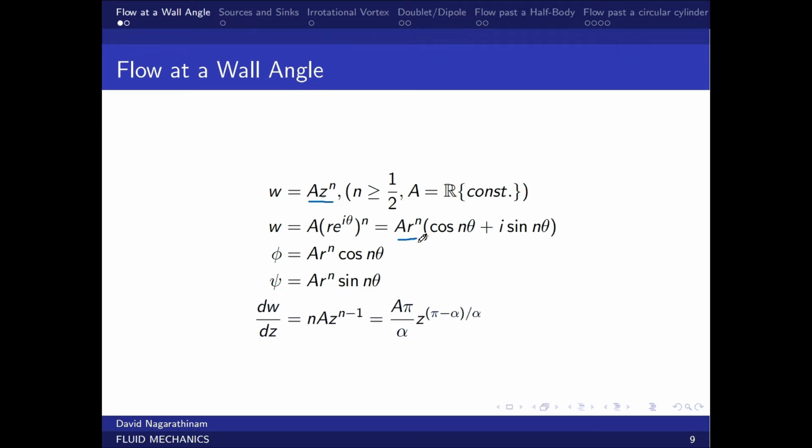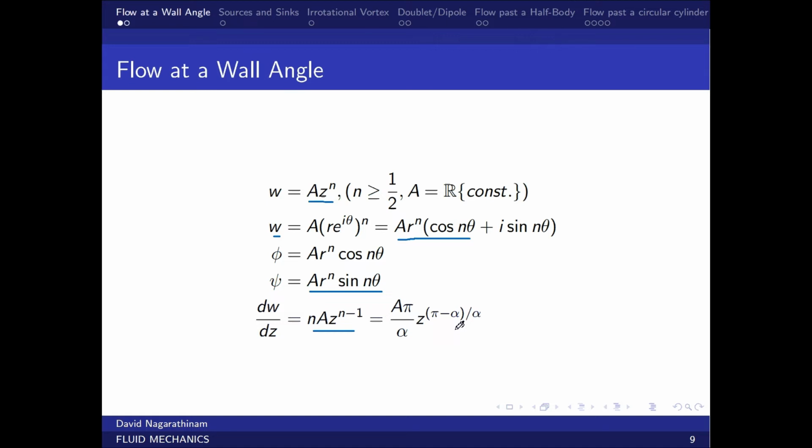Here phi is a r to the power n cos n theta, and psi is a r to the power n sin n theta. Now upon differentiating W with respect to z, we have n a z to the power n minus 1. Now upon substituting n to be equal to pi by alpha, we have this particular functional form for the flow at a wall angle.